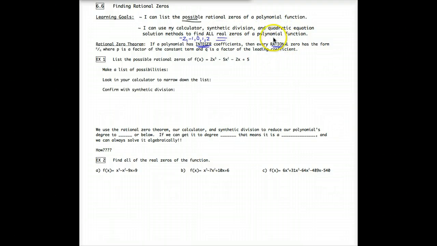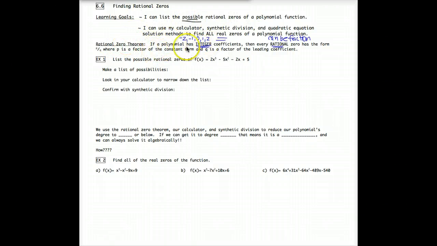Rational numbers include the fractions, so they can be written as a fraction. Irrational numbers, remember, are the ones that cannot be written as a fraction. Real numbers, of course, are any number that we can put on the number line, so anything that does not have the imaginary i.